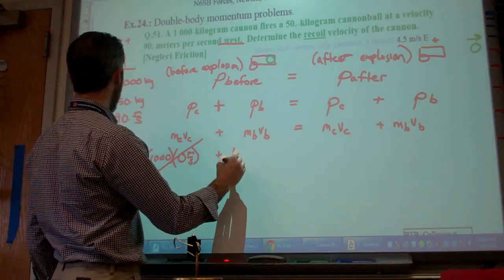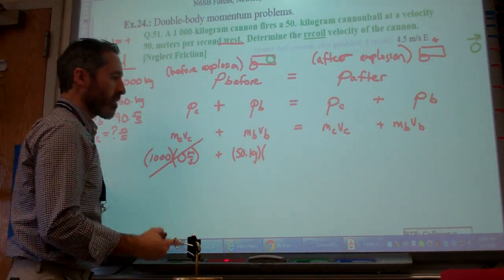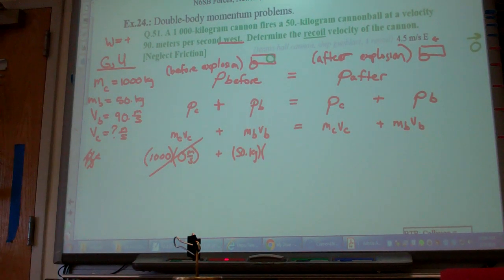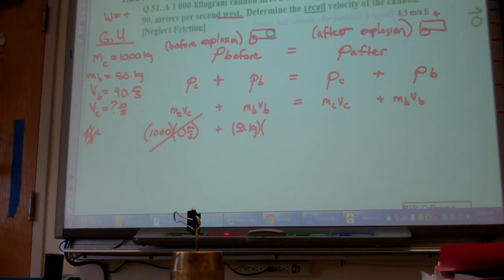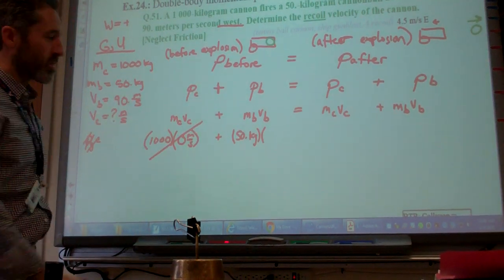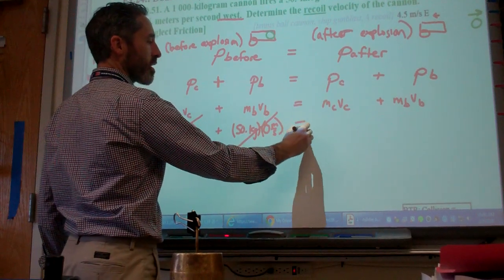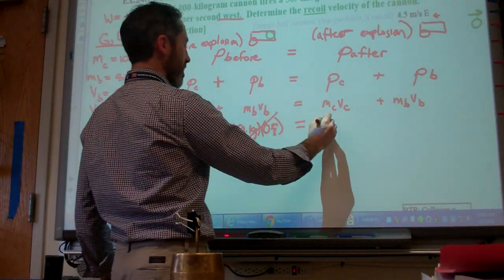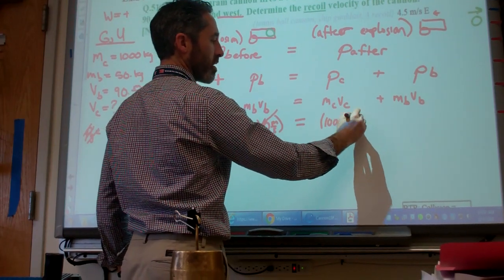Plus the ball, 50 kilograms, times its velocity. What's its velocity? Be careful, you know what people want to put in there, right? You want to throw that 90 in there, but you have to sort your brain to say this is before the explosion, so it's 0. Boom, goes away. Equals mass of the cannon. It's still 1,000 kilograms.